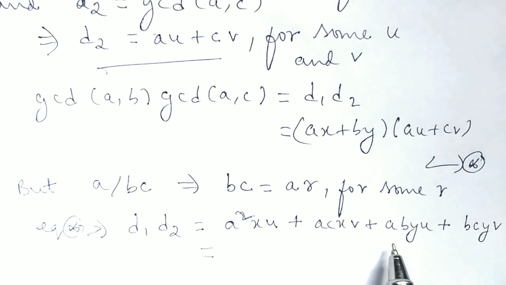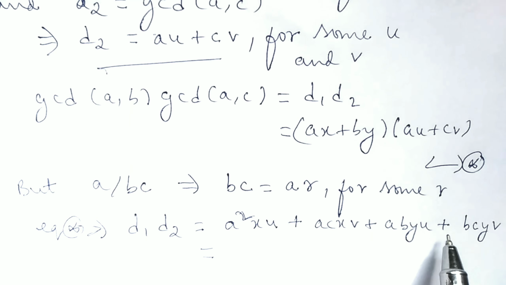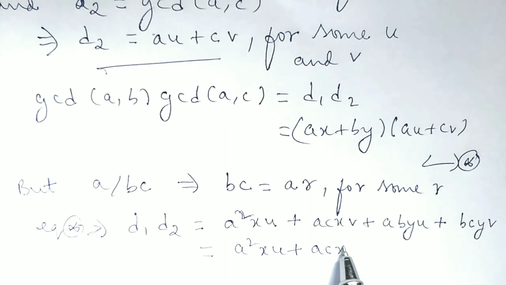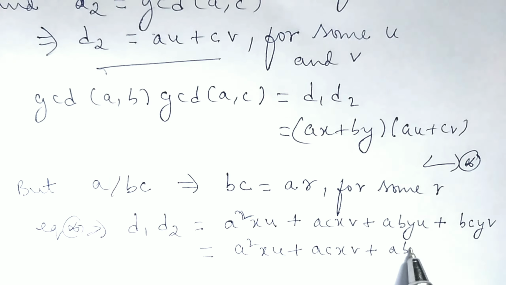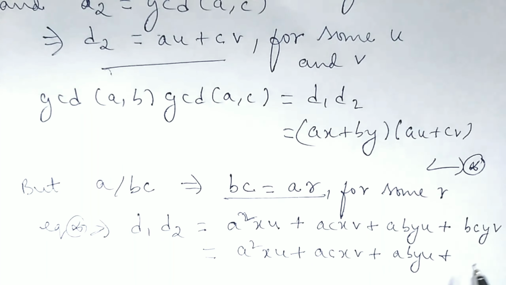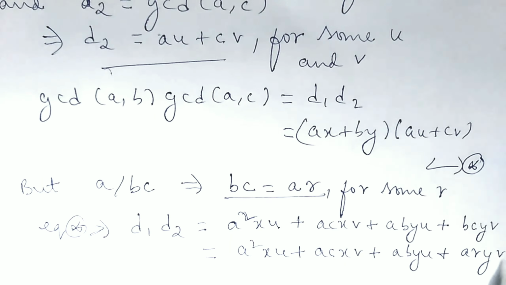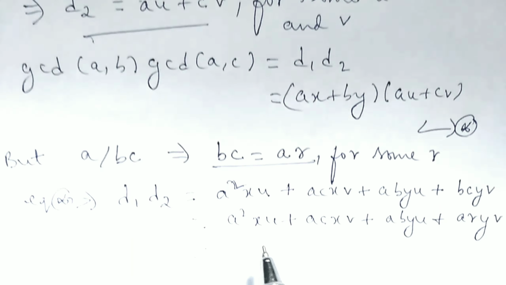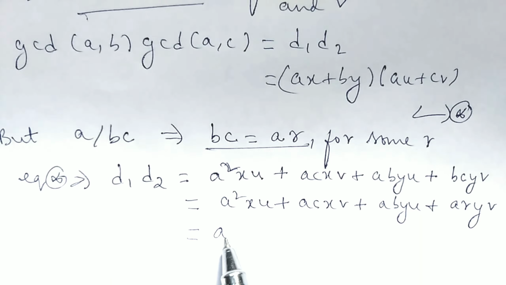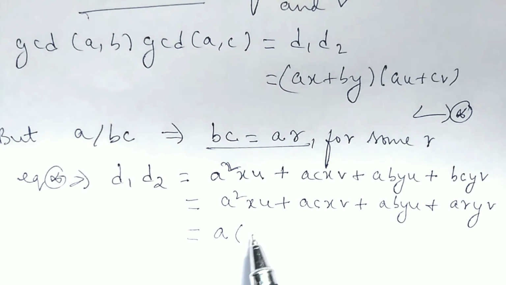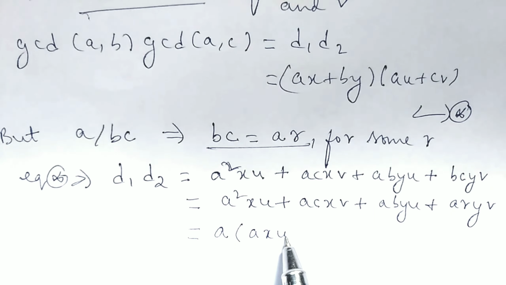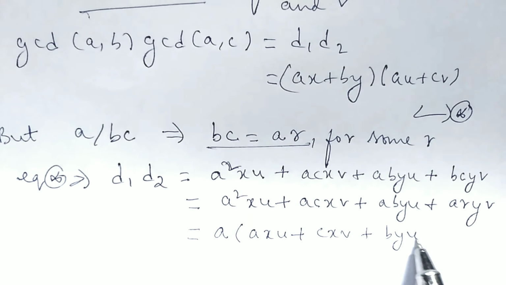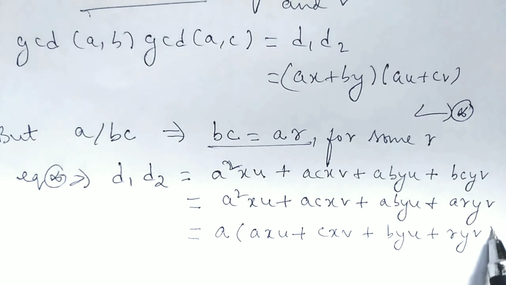So A squared XU plus ACXV plus ABYU plus, what is BC? AR, times YV. Now from here we can take A common, and we have A times (AXU plus CXV plus BYU plus RYV).